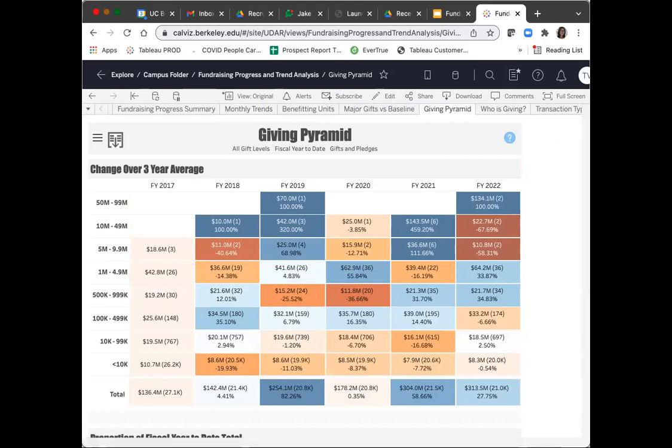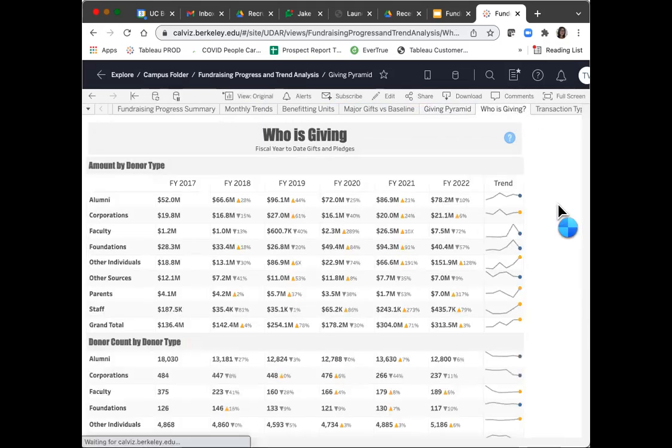All right, let's see. By the way, you can notice that our colors are pretty intentional. We're trying to communicate with color. And one of the early lessons we had was that people associated colors across dashboards.